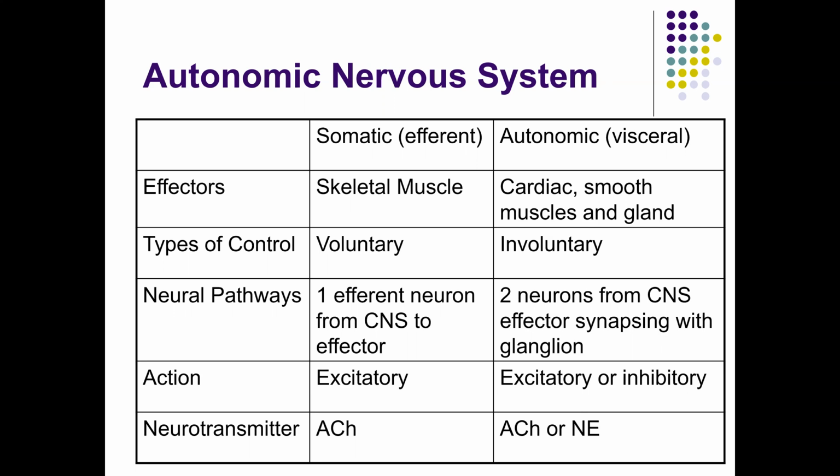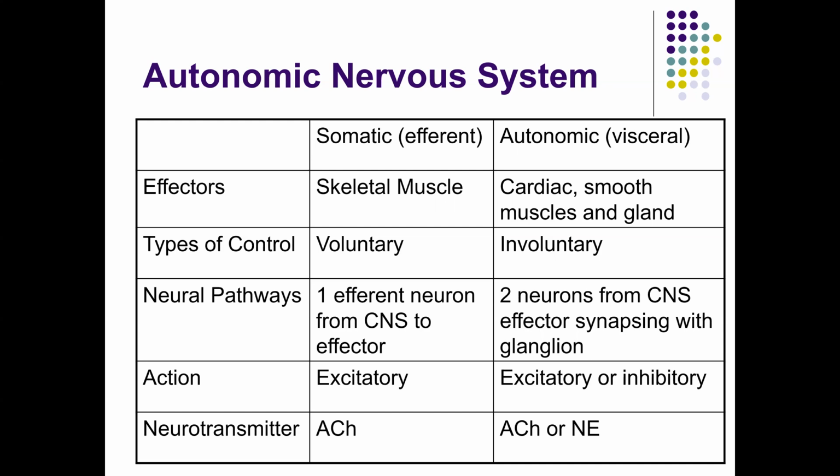We don't need to be doing digestion at that time, as opposed to once we're out of that situation, then the parasympathetic system kicks in, and that's excitatory. So in the autonomic nervous system, we can have dual actions, one excitatory and one inhibitory, with a few exceptions.